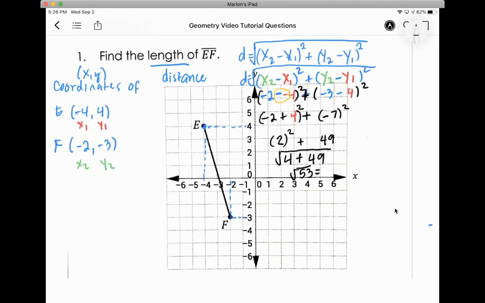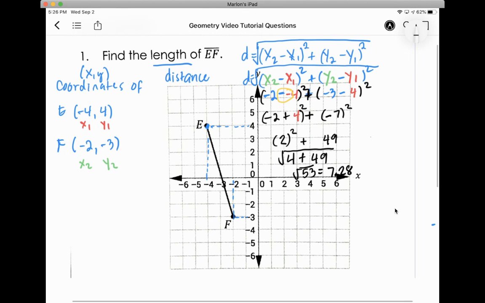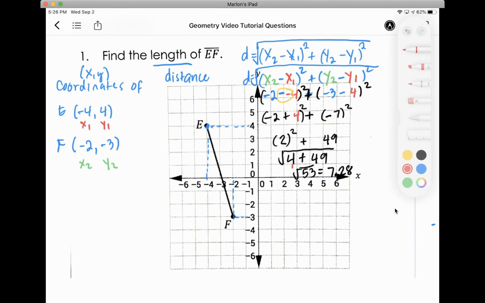So what's the exact value of the square root of 53? That gives you 7.28. So that is your final answer. That's the length of EF.